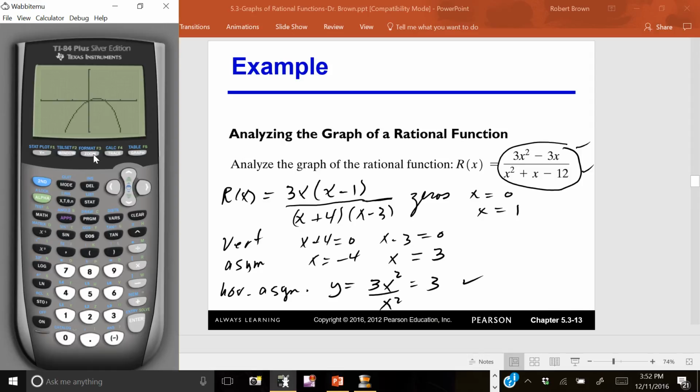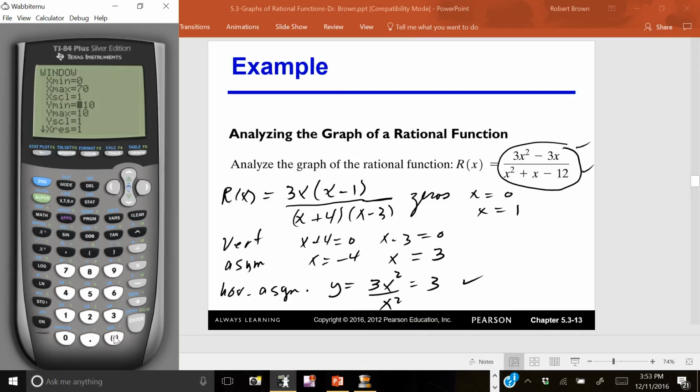Now let's zoom back to the standard window, and we're going to look at the graph around the horizontal asymptote of y equals 3. Here we're going to go from about 2 to 4 for y, and from like 0 to like 70 for x.